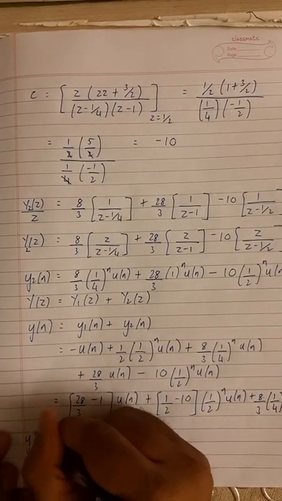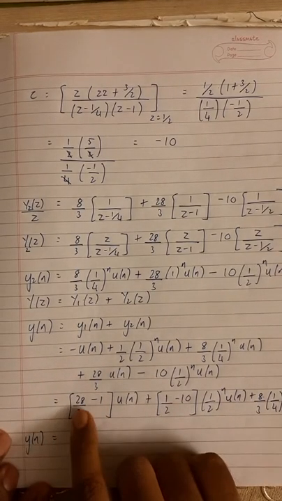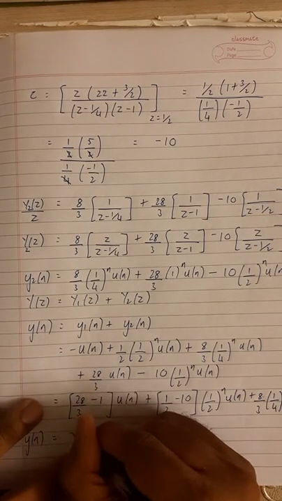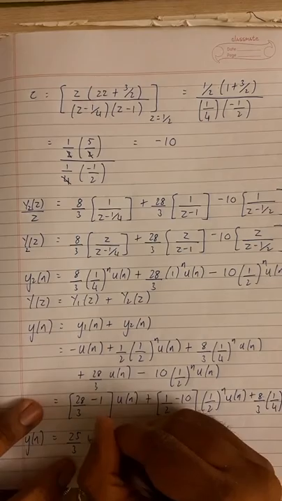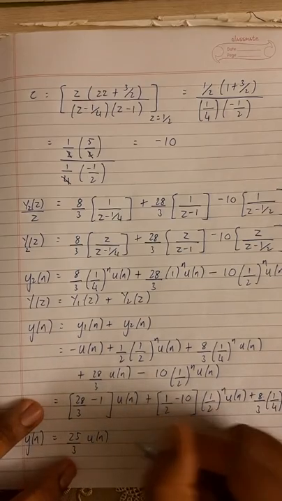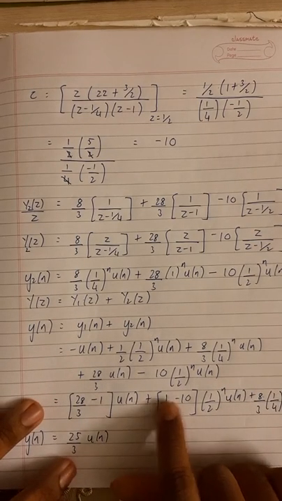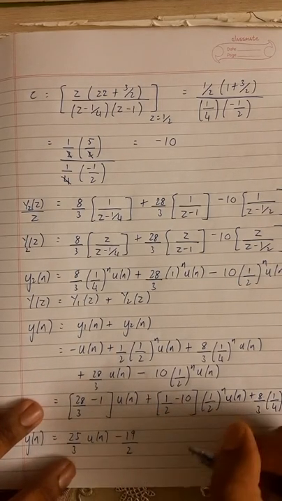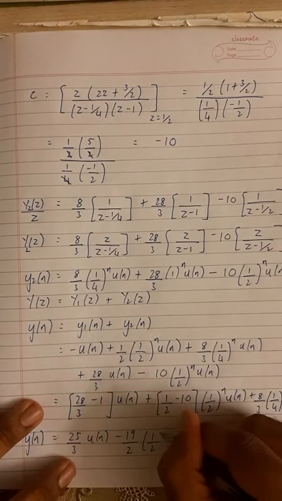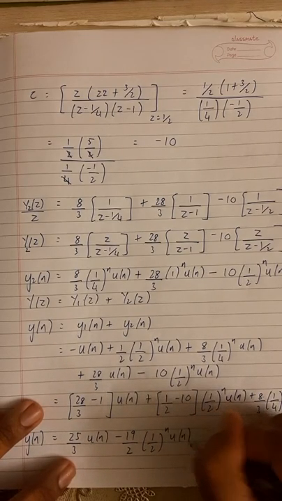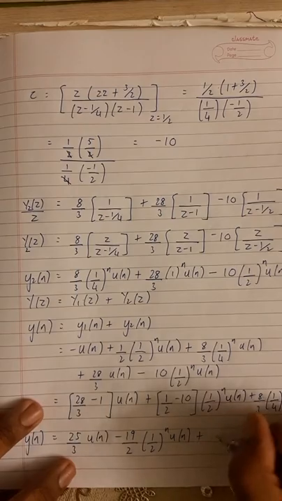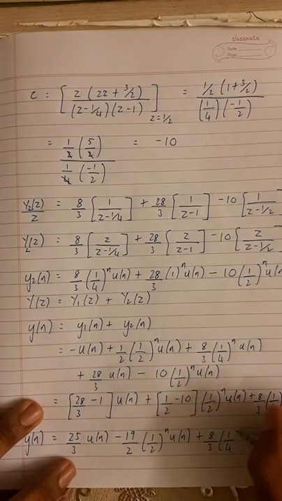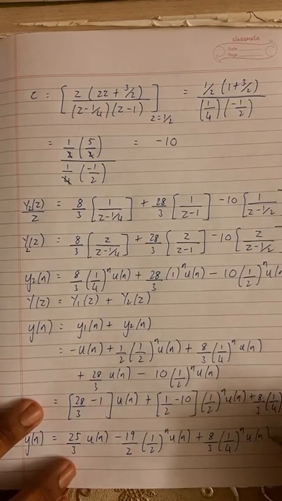So therefore y(n) is equal to, this is (28 − 3)/3, that is 25, so you will have 25/3 u(n), and this is 1 minus 20, which is minus 19/2 into (1/2)^n u(n), and this is plus 8/3 into (1/4)^n u(n).